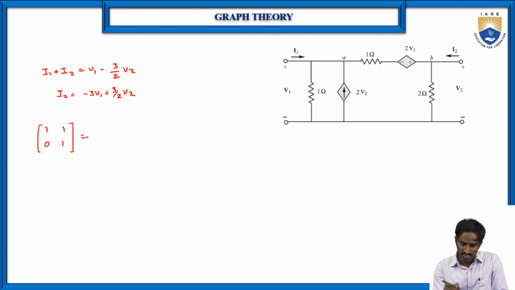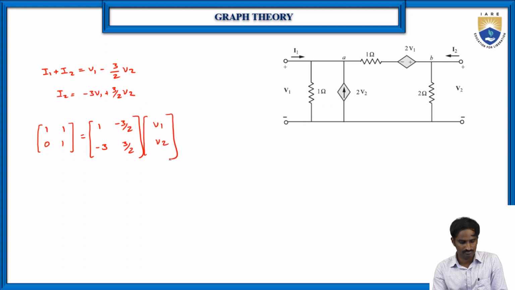Then the V1 V2 coefficients: here it is 1, the V1 coefficient, and minus 3 by 2, and here minus 3 and 3 by 2, into V1 V2. Yes, I forgot to write I1 and I2 here.